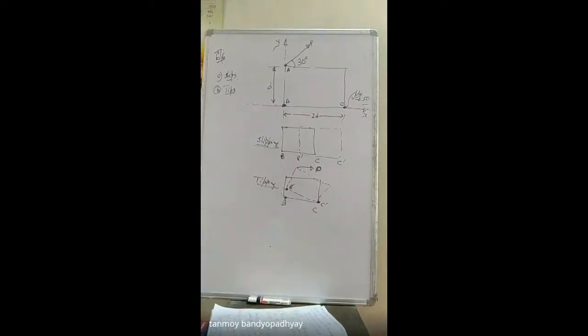If you pull an object with a horizontal force P, then the body would have slipped only. There would be no effect of tipping. If the load is applied at the center of gravity, then there would be a lesser tendency to tip. But since the load is inclined, it will have two tendencies. Either it can slide along the horizontal surface or it can tip, that is, rotate about the point C.